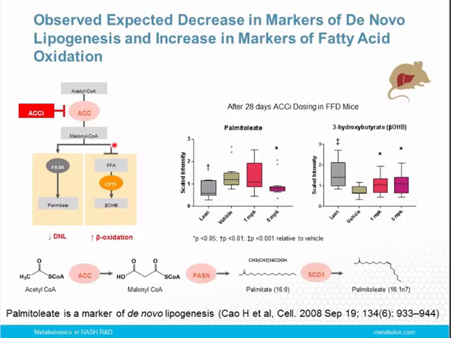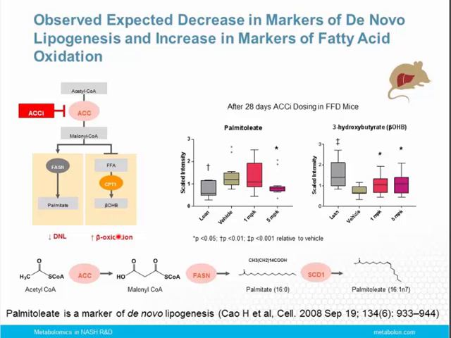And on the other side, malonyl-CoA can inhibit CPT1, and that CPT1 is responsible for free fatty acids being able to cross into the mitochondria and undergo beta oxidation. And so when you reduce malonyl-CoA, you relieve that inhibition and increase beta oxidation.